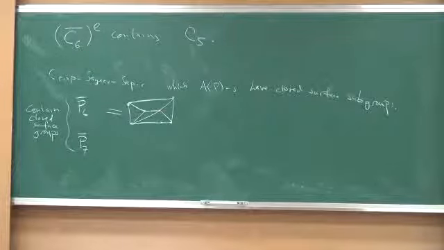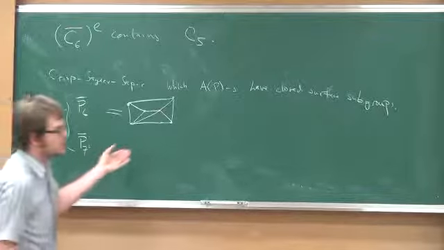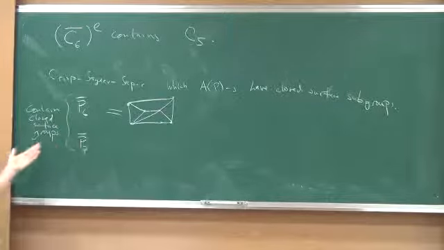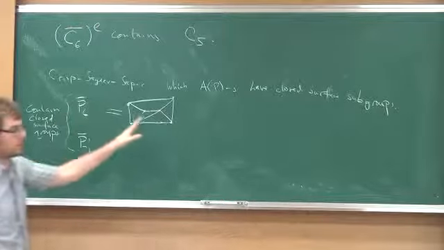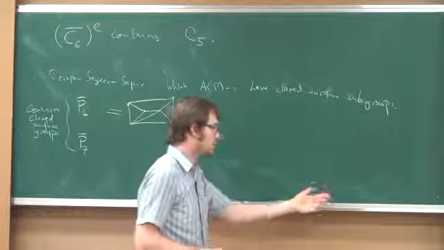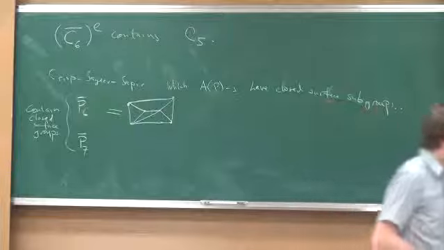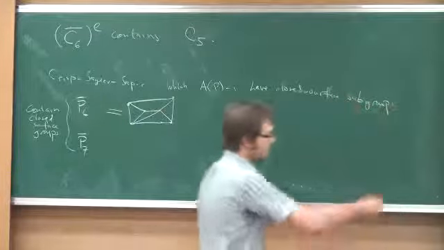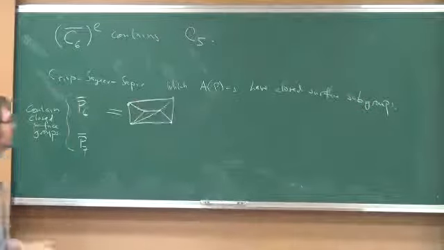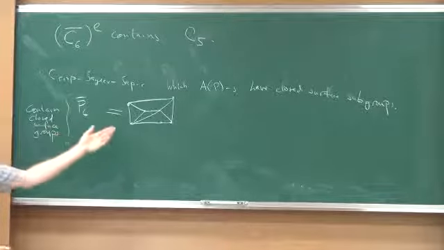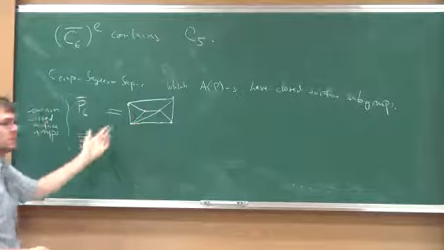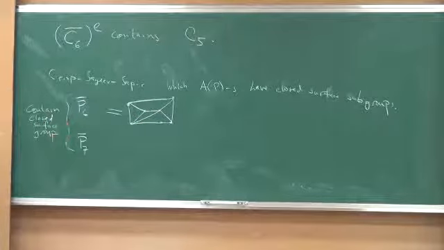And so the question is, do these actually contain right-angled Artin groups on long cycles? Can you conclude something like that? If they don't contain Artin groups on long cycles, then you've produced new examples of surface subgroups of right-angled Artin groups that don't come from Artin groups on long cycles.